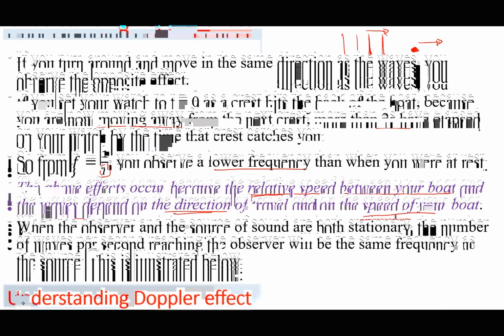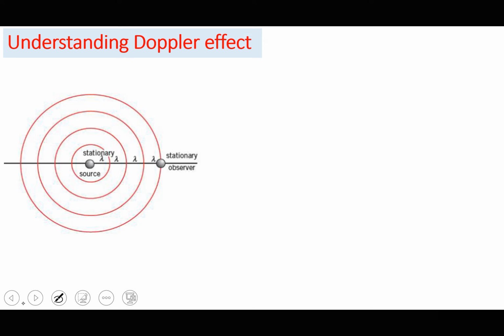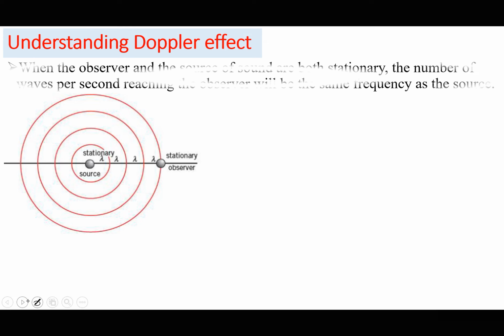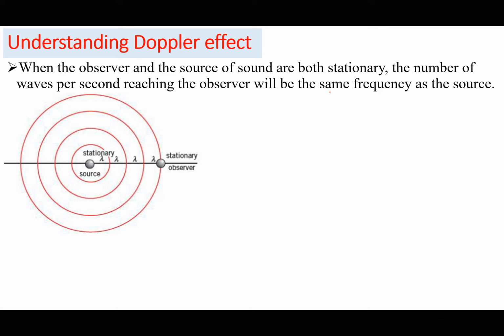I have tried to illustrate this here. When the observer and the source of sound are both stationary, the number of waves per second reaching the observer will be the same as the frequency of the source.